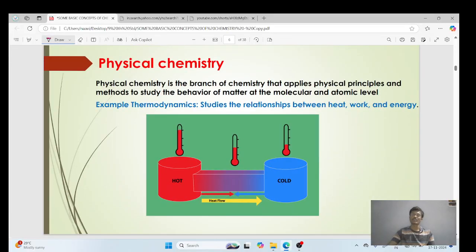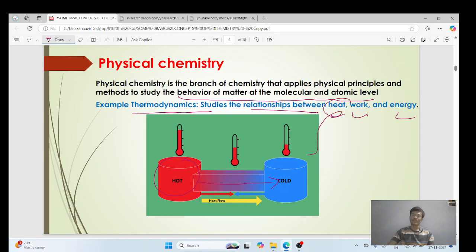Let's move on to physical chemistry. In physical chemistry we study the behavior of matter at the molecular and atomic level. Here a hot particle will move into the lower-temperature particles of the substance. An example is thermodynamics, the relationship between heat, work and energy.